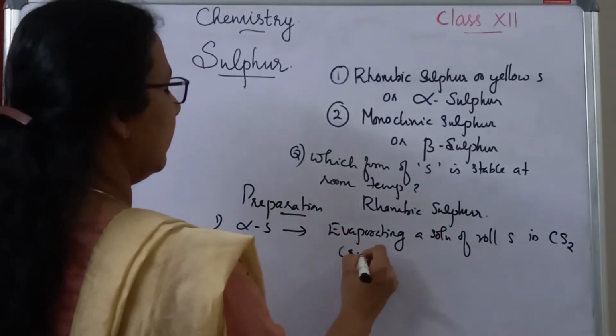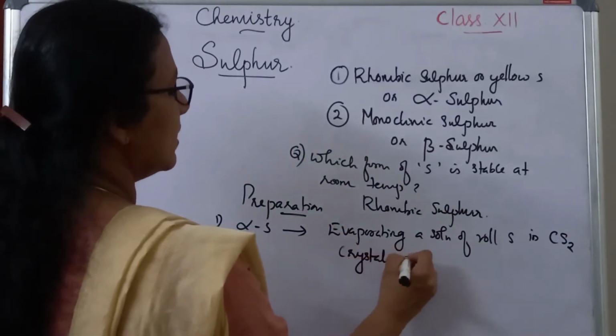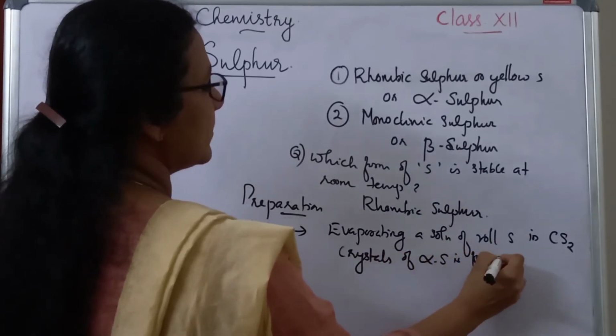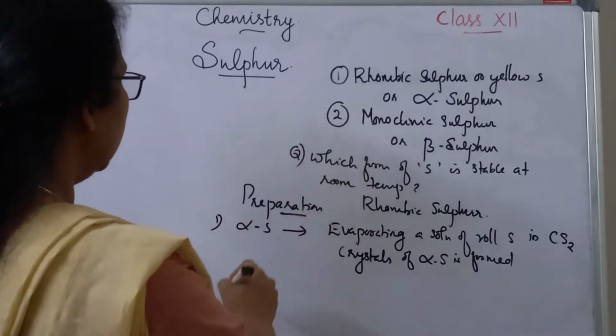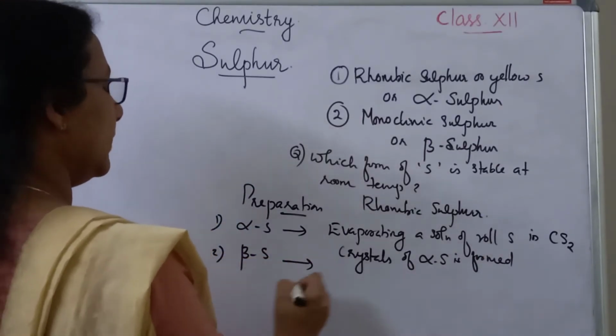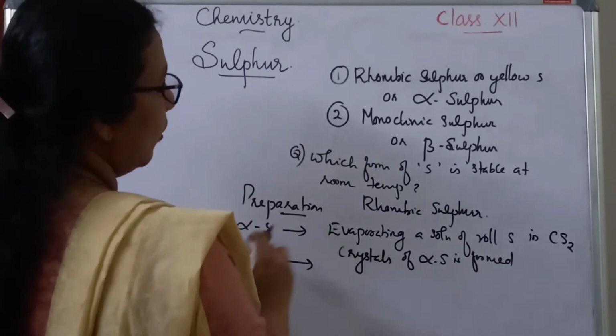Crystals of alpha sulfur are formed. This is the preparation. Then beta sulfur is prepared from alpha sulfur or rhombic sulfur.